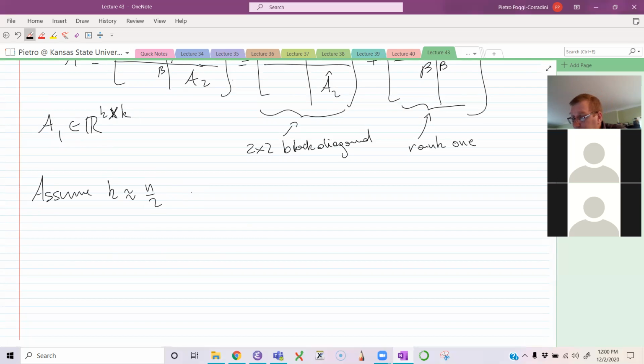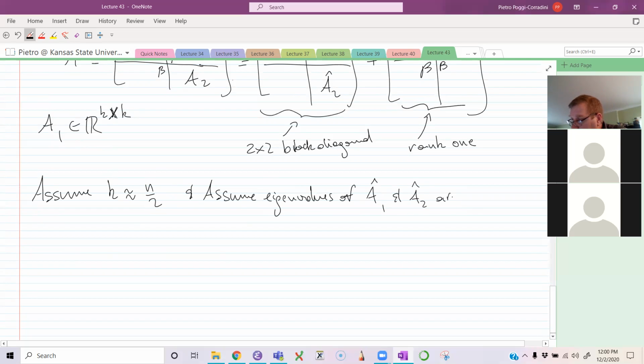And also assume that the eigenvalues of A1 and A2 are known. Okay, so it's a way of iterating.